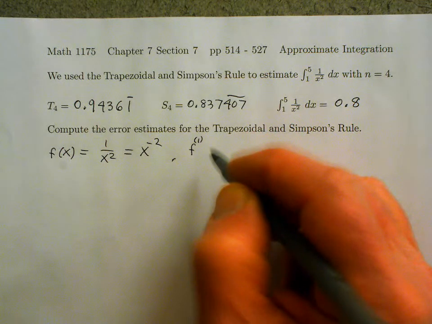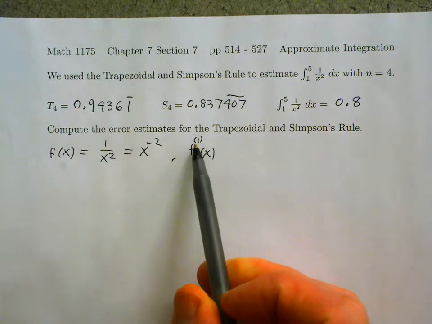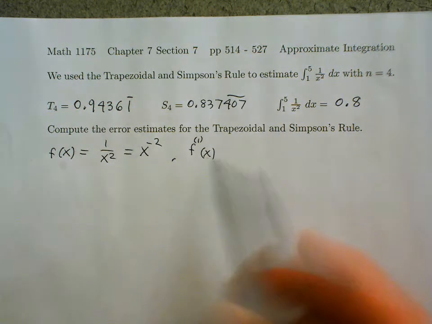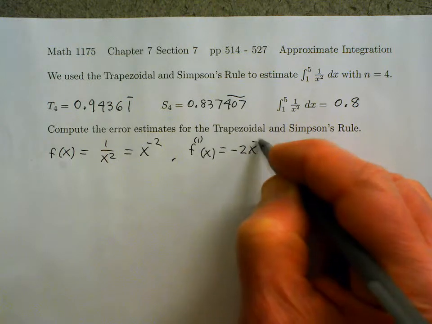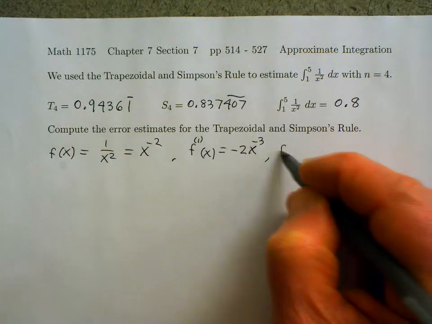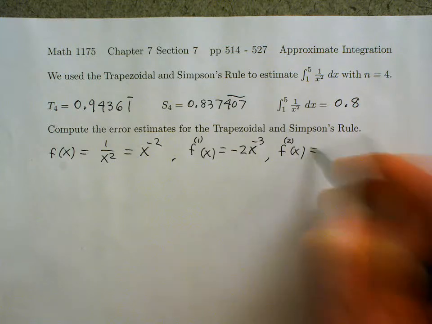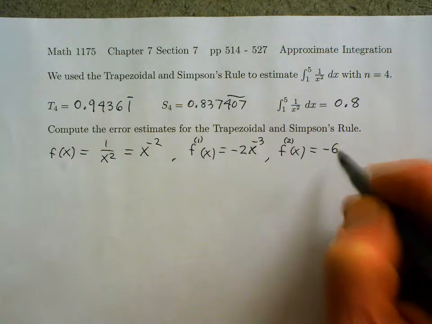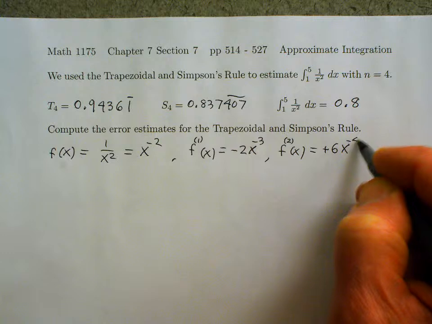One way to denote the first derivative is putting 1 in parentheses up here. The first derivative of f is negative 2 times x to the negative 3. The second derivative of f with respect to x is positive 6 x to the negative 4.